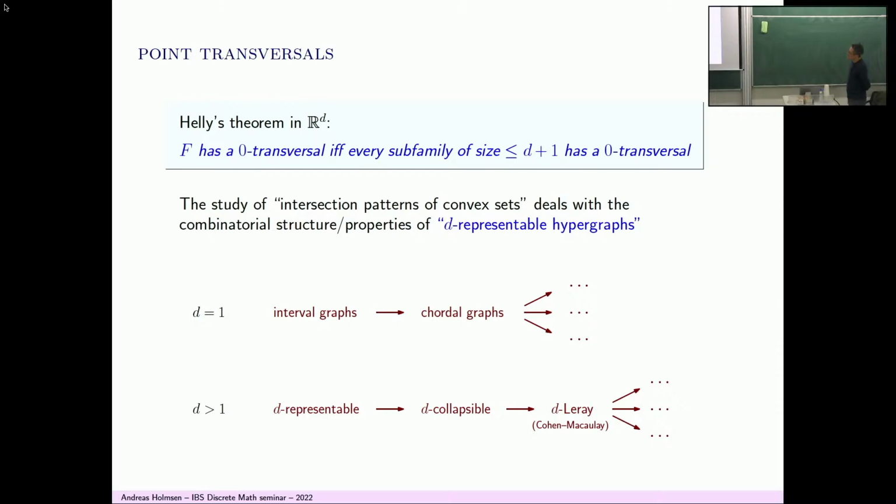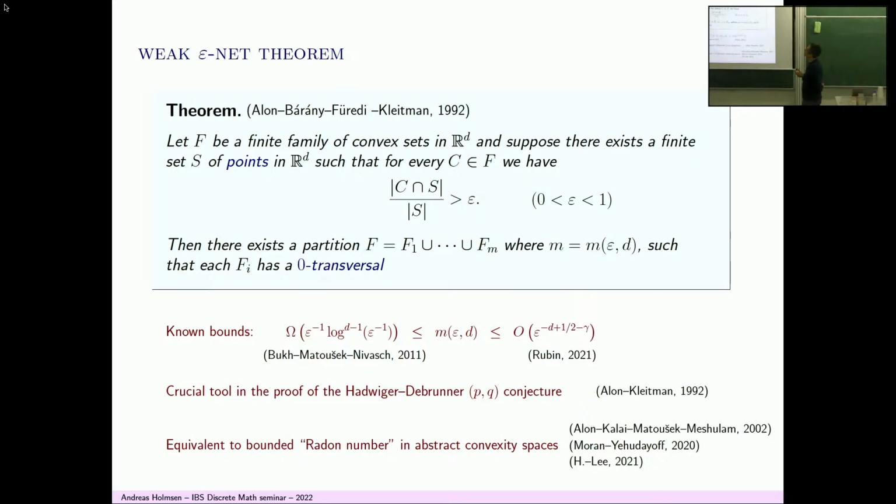I want to focus on one specific property that was discovered for these 0-transversals, and that's the next theorem. It's called the weak epsilon net theorem. And this is one of the most intriguing theorems or properties of convex sets. It's due to Alon, Bárány, Füredi, and Kleitman. And it says the following. You have a family F, as usual, of convex sets.